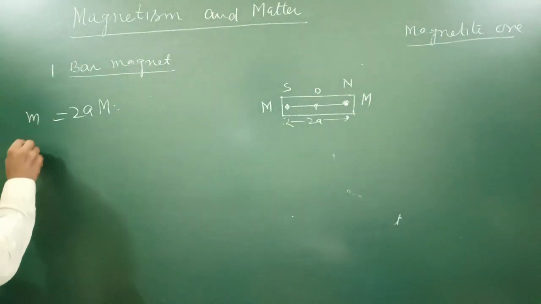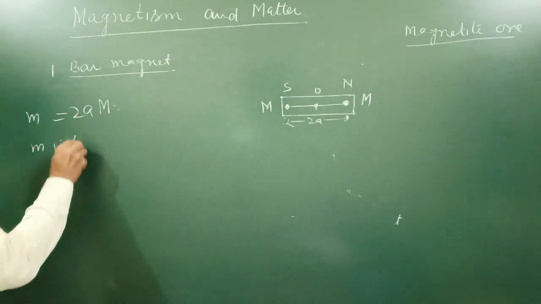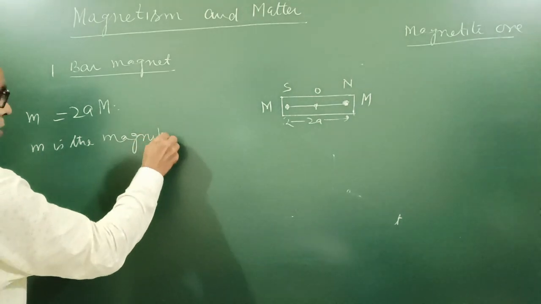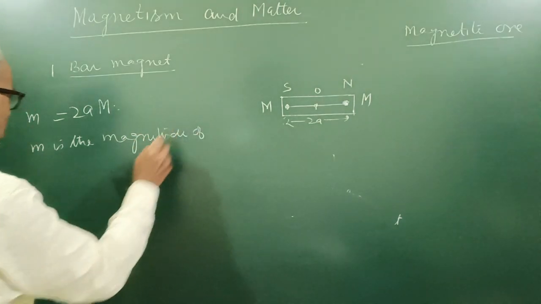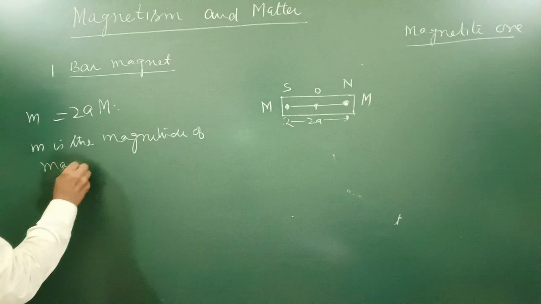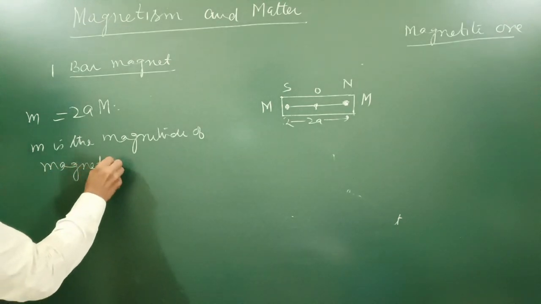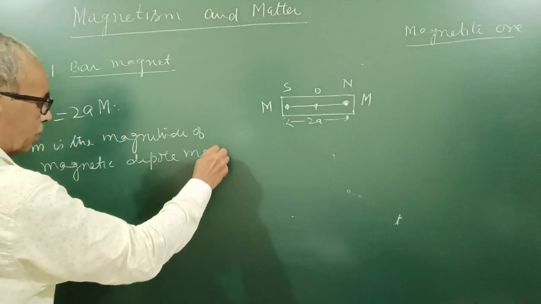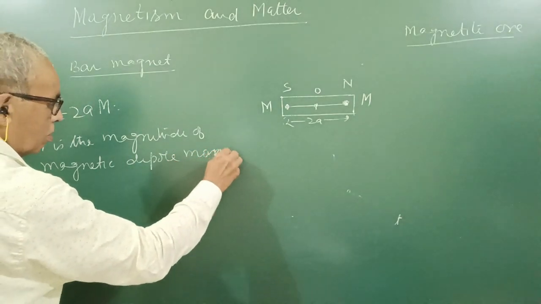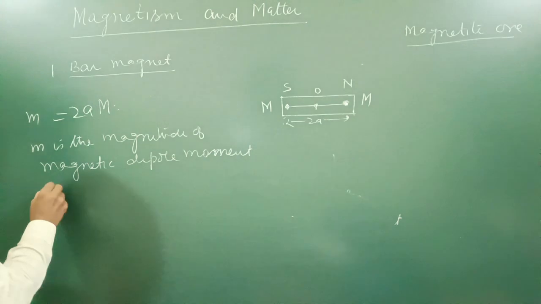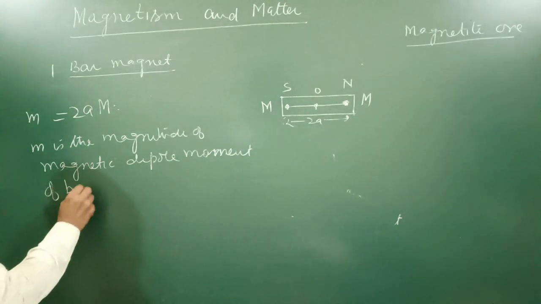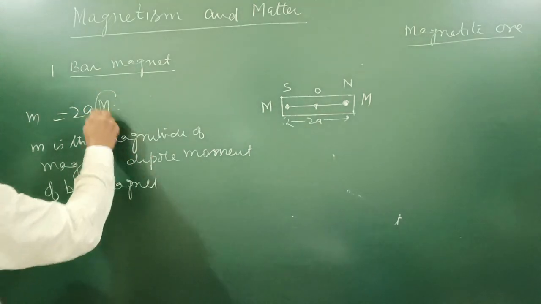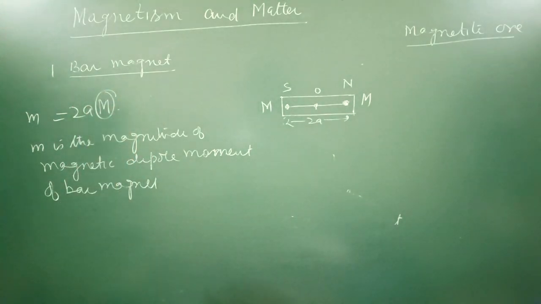Here, m is the magnitude of the magnetic dipole moment of the bar magnet. Capital M, I told you, is the pole strength.